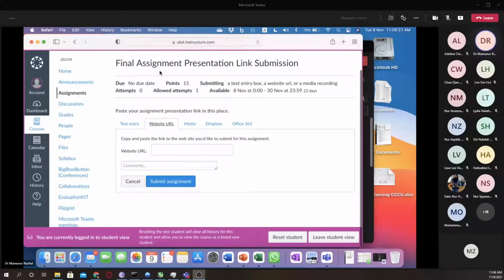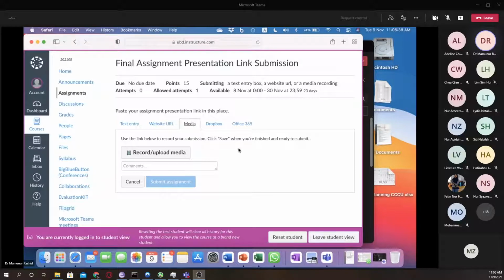Or you can go to website URL and paste the Google Drive link for the presentation, or a Microsoft OneDrive link, or a YouTube link, whatever link you have. I will get it.